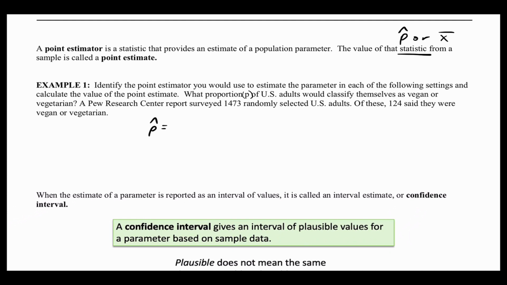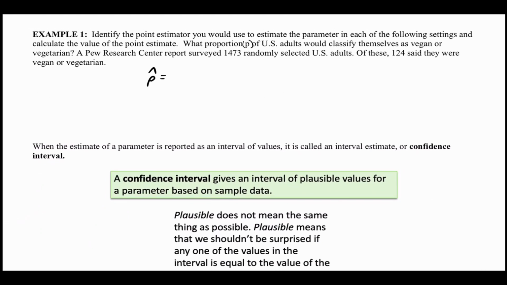What is the sample proportion in this case? So a proportion, we got to make a proportion out of that, right? We got to make a fraction or a decimal. So what number is going to go on top? 124, good.